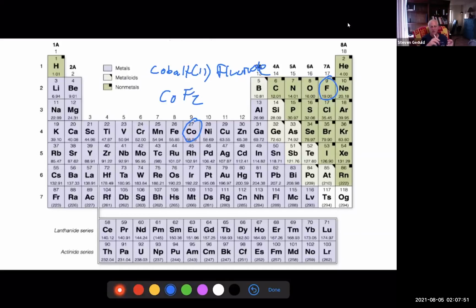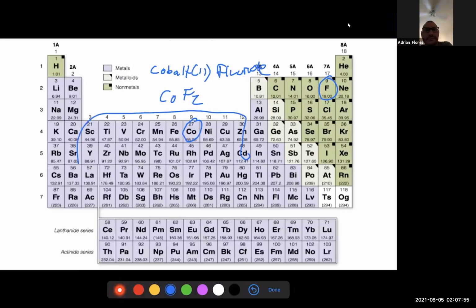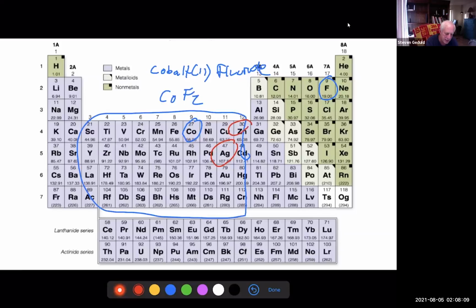So when you look up an element in this area, you have to know what charge it is. Now there are a couple of exceptions to this. There are always exceptions, you can't do it without exceptions, right? There are 3 exceptions: silver, zinc, and cadmium. Silver is always +1.